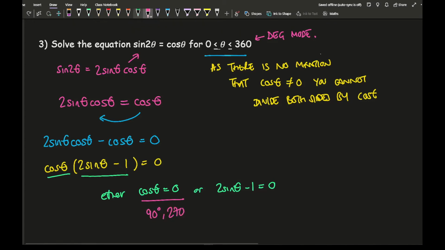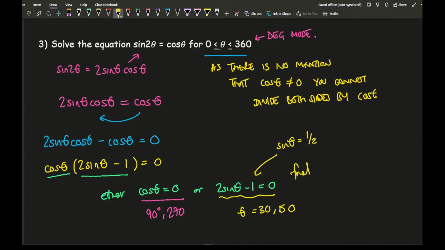Solving the other, sine theta equals a half, so theta equals 30 and 150. It's good practice to write your final answer all in one line, so my final answer is 30, 90, 150 and 270 degrees.